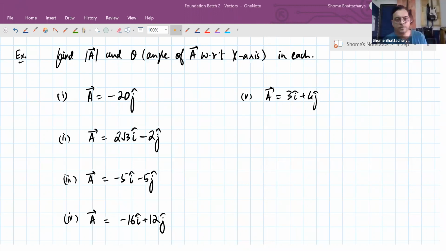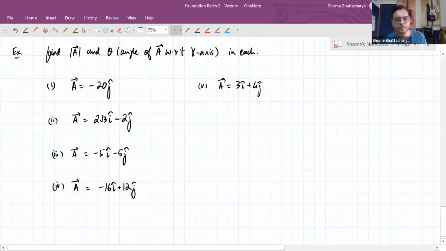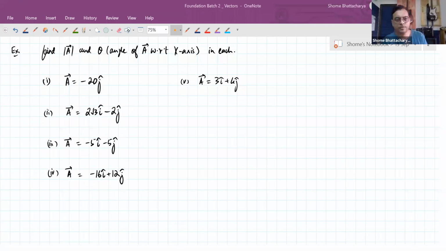Okay, let me quickly give you some hint about how to work this. If nothing else is working out for you, you can just draw the vectors. Draw the vectors in some xy plane.